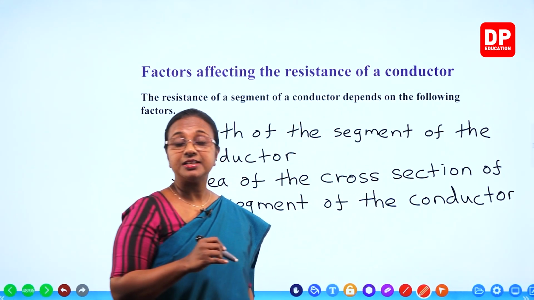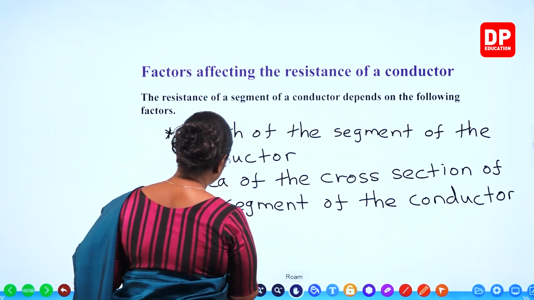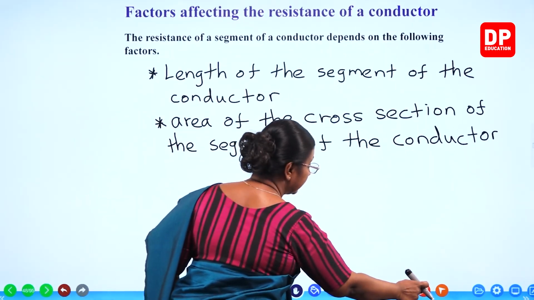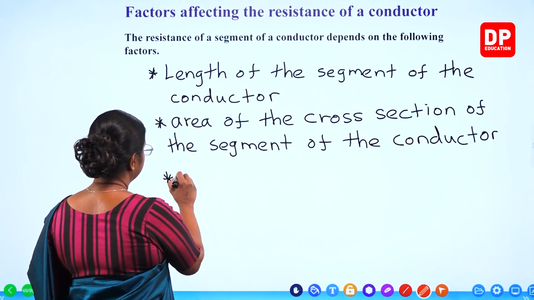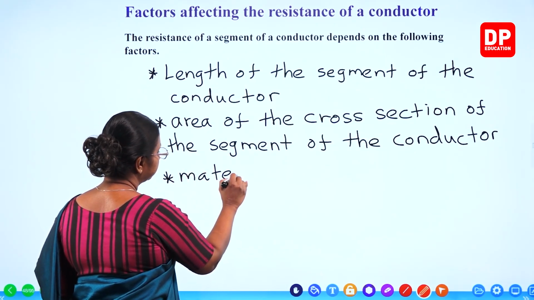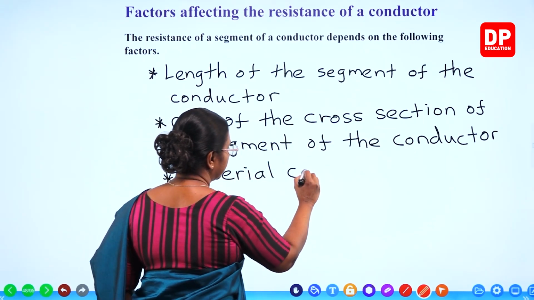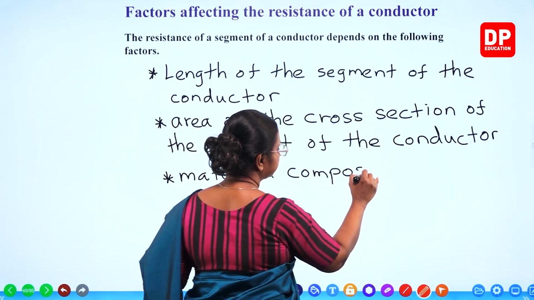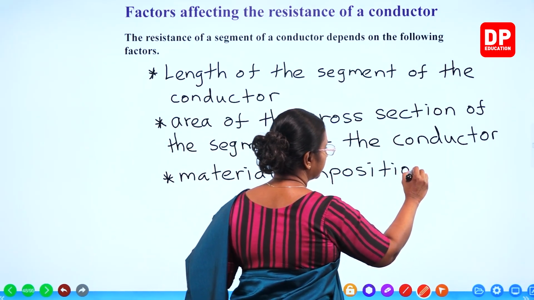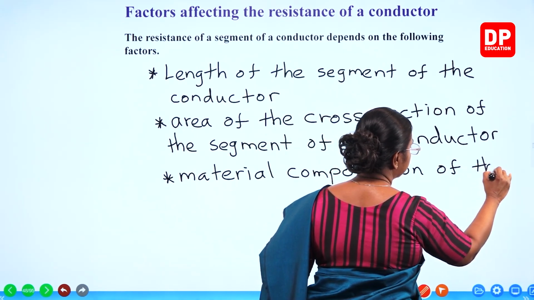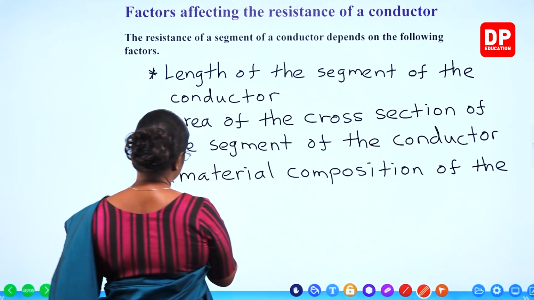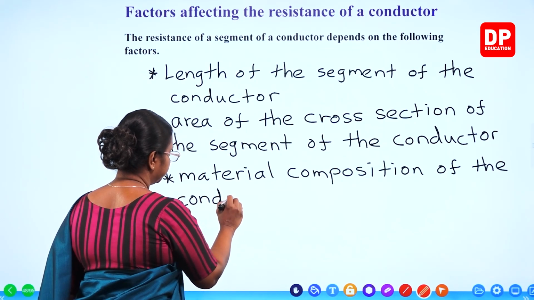I will write the factors first and explain them to you. Then the third one is the material composition of the conductor.